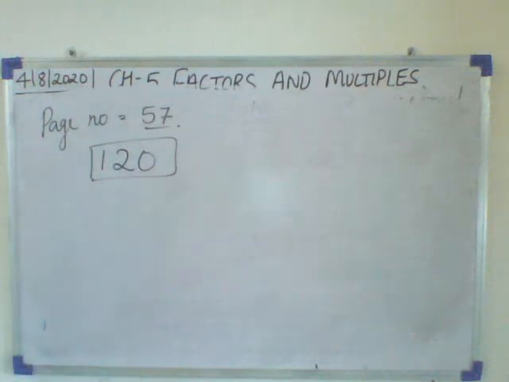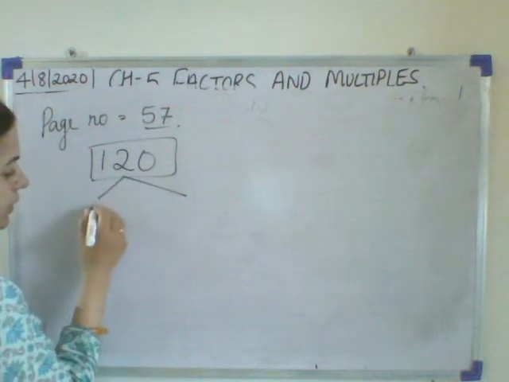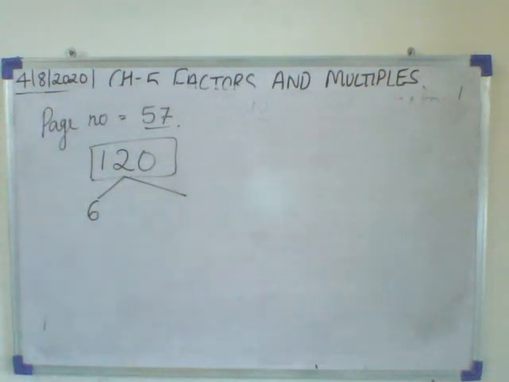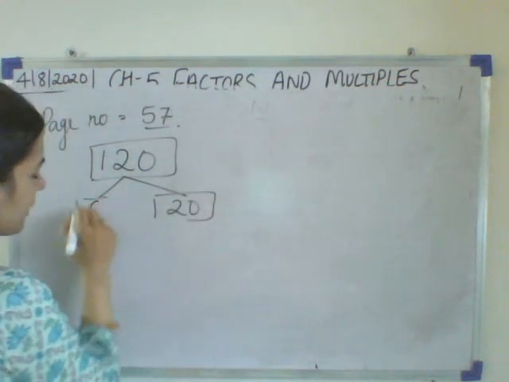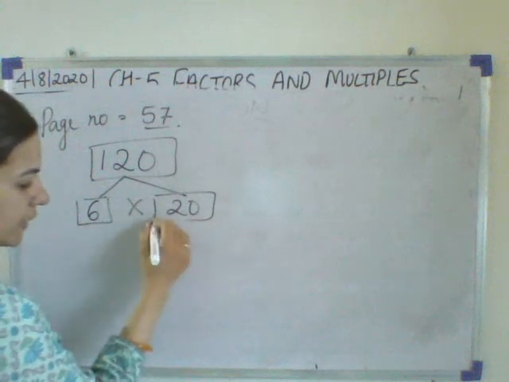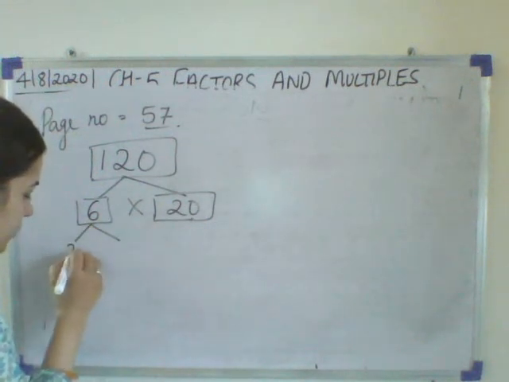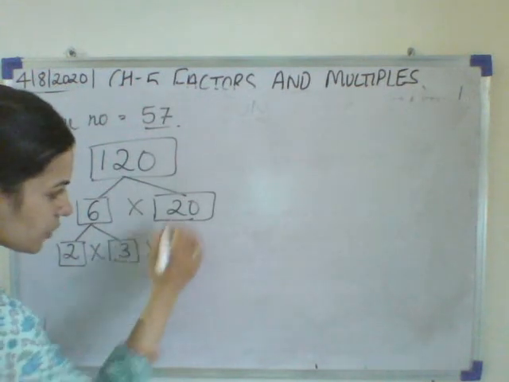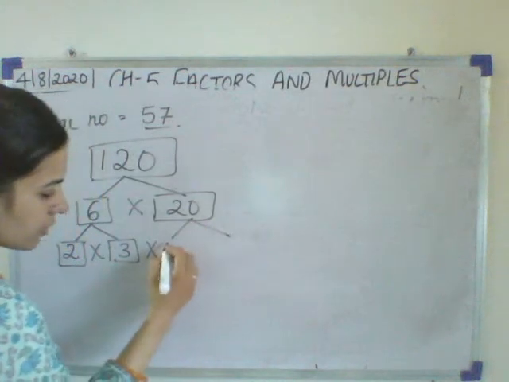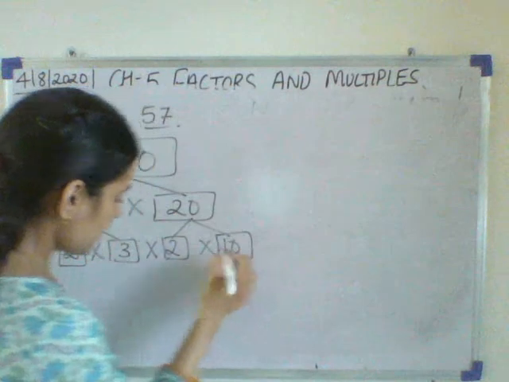The one I am doing for you, 120, you have to draw the branches. So 6 20s, 6 multiplied by 20 is 120. Now 6 again I can split, that is 2 3s, 2 multiplied by 3 is 6. 10, 2 10s are 20.